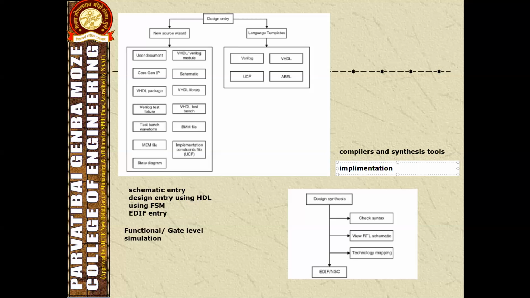The target library is used to determine the visible entity declaration under certain circumstances for the default binding indication, and the different steps in the implementation are as follows. The next one is netlist translation, a program that converts all the input results into a single merged file, and mapping or fitting.